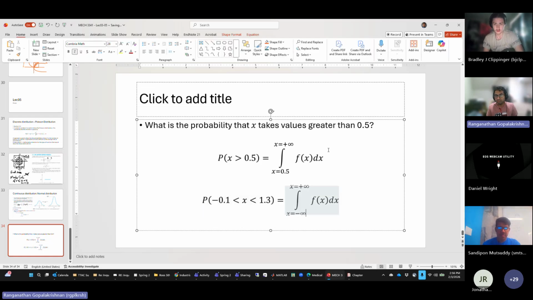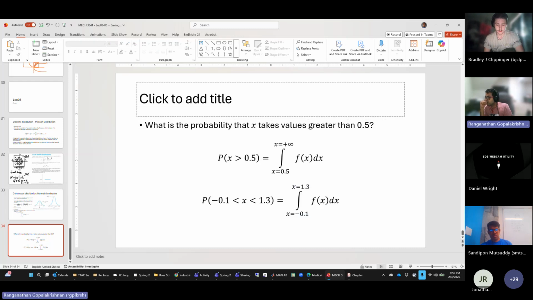Extending what Jonathan said, lower limit will be minus 0.1, upper limit would be 1.3. Is everybody okay? You just have to sum the function between said limits. You can use your thumbs up to tell me that you're doing okay if you don't want to talk.